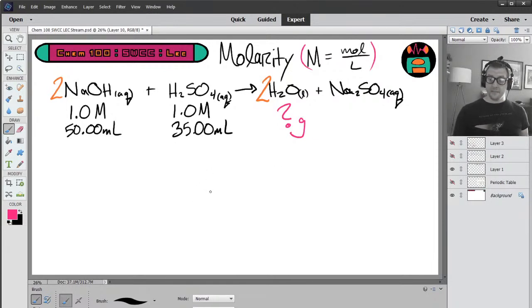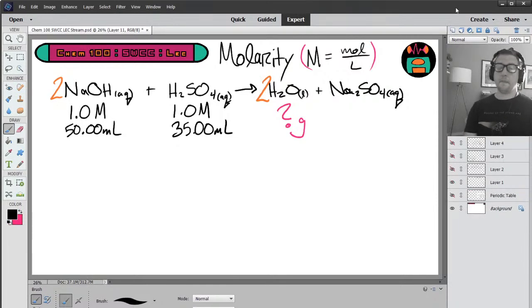Okay. This is something that you'll see over and over and over again. Something that you want to get very familiar with is this classic pairing of concentration and volume, molarity and a volume.